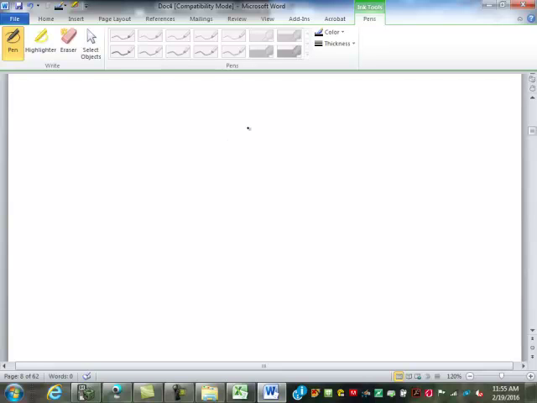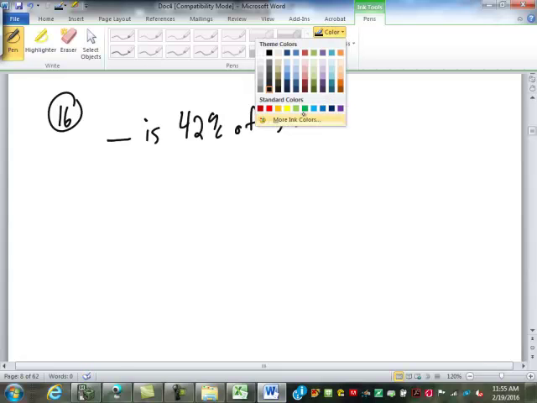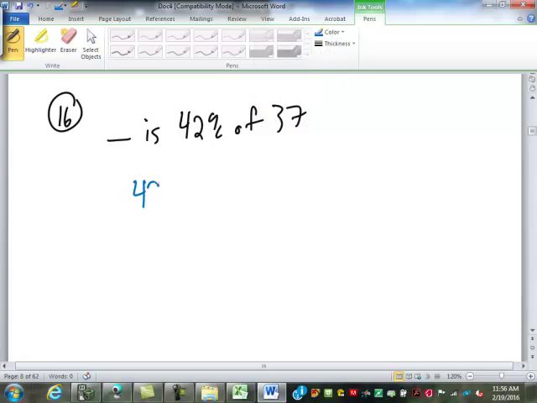So then a little bit with percents. For number 16, blank is 42% of 37. So we always start with the percents. 42% is going to be 42 over 100 equals blank is 42. So that missing number, the blank goes with the 42 of 37.